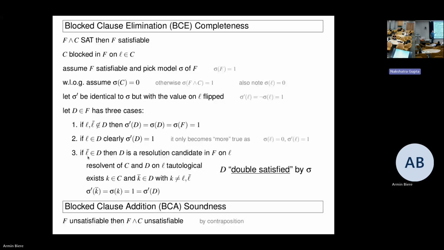But by flipping it, I turn this not L to false. I need to check that this doesn't break satisfiability of sigma prime.